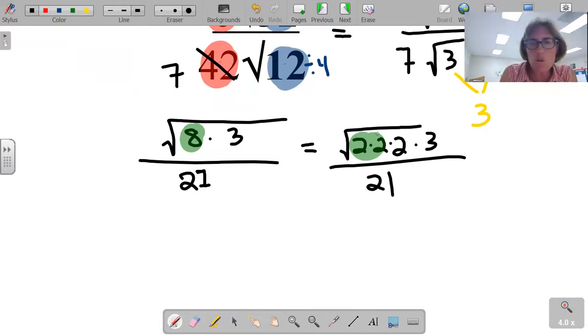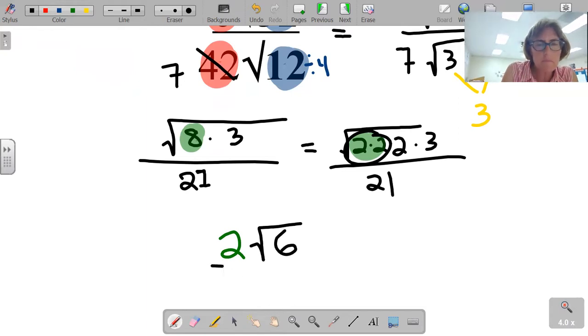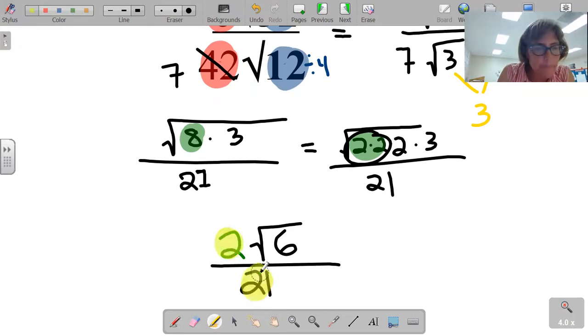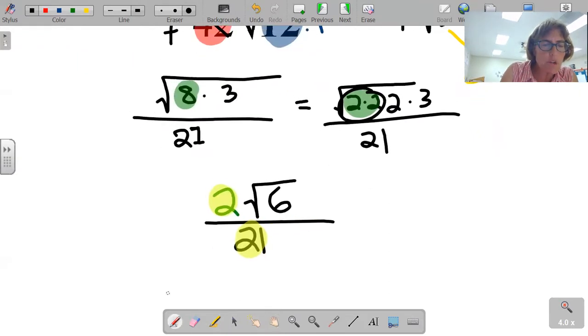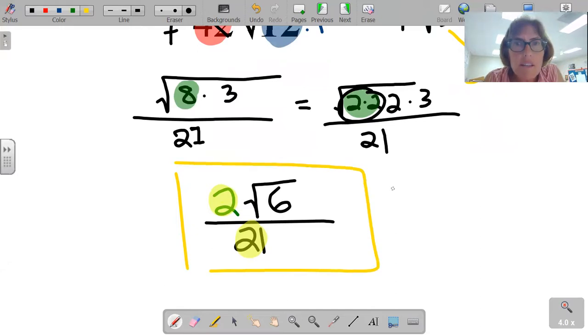So the final version, because that pair of 2's under the radical sign, should be 2. Now you ask yourself, can these outies reduce? Nope. Can't reduce the innies anymore. This is the final version.